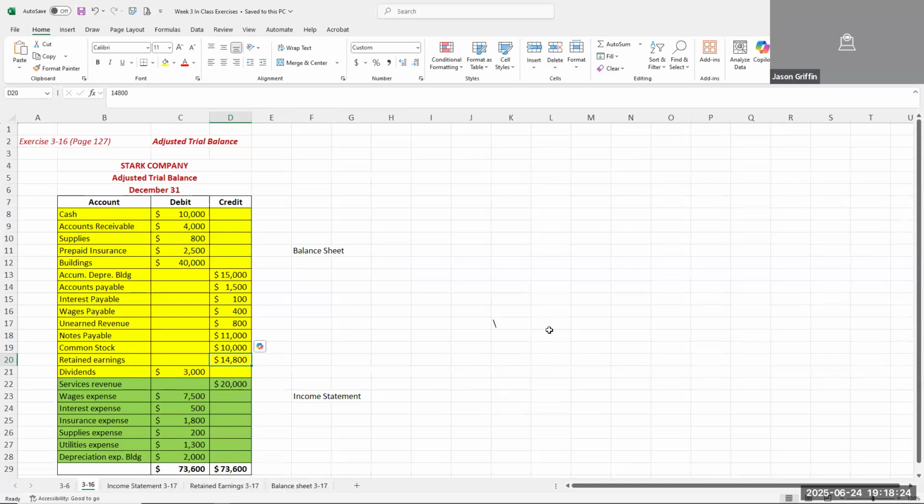Cool. Can you leave it on this tab? I messed up on one or two entries, and I just wanted to make sure I got it right. Where do you want me to leave it? On this page right here. Okay.